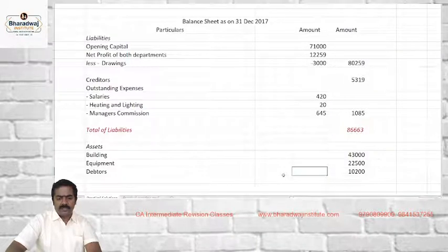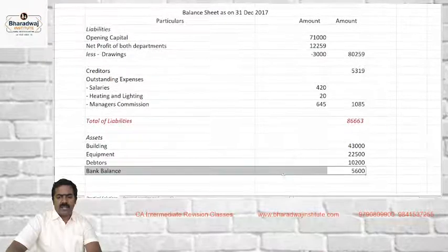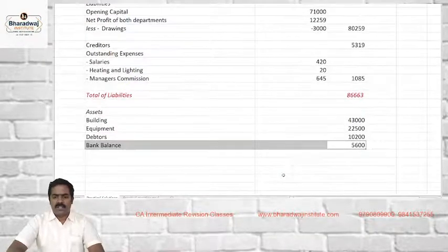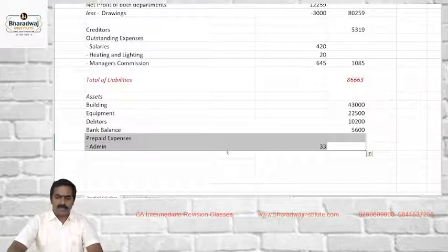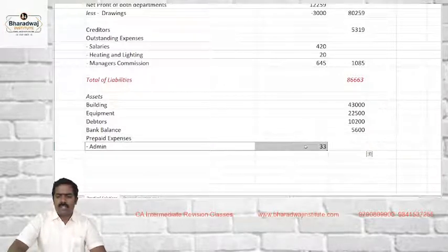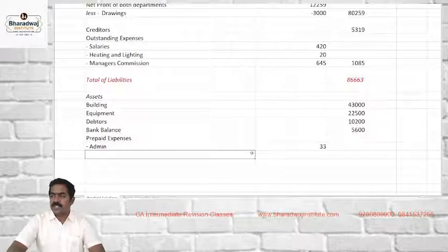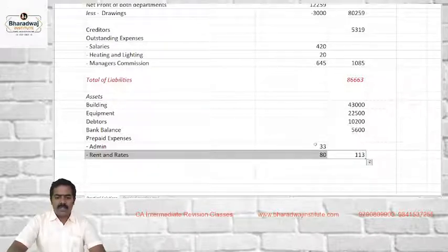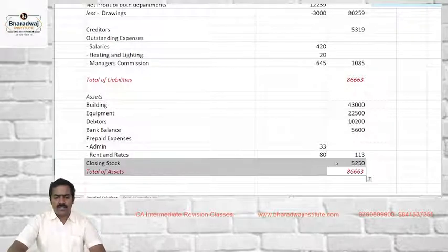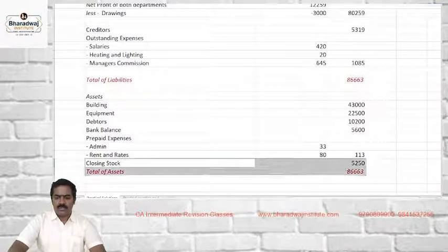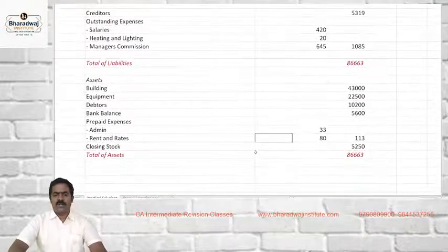Then bank balance 5,600. Then prepaid expense. We'll come to that. All the prepaid expenses you have to take. Administrative expenses 33 prepaid. Rent and rates 80 prepaid. Then closing stock also you have to consider. Yes, you will get the total of assets.